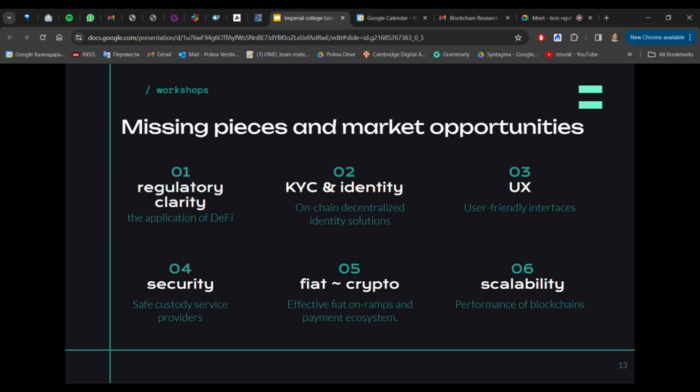So what are still the concerns, and why don't we see DeFi as the number one solution for cross-border transfers? Well, I listed six reasons, but there are definitely more than that. Regulation: the UK is a great example with very crypto-skeptic regulation, and there are always strange feelings about crypto in general.